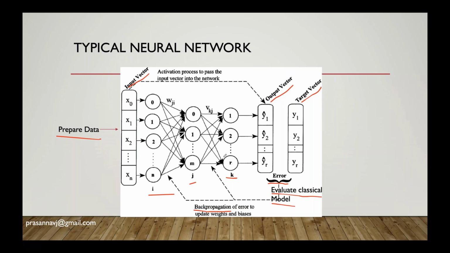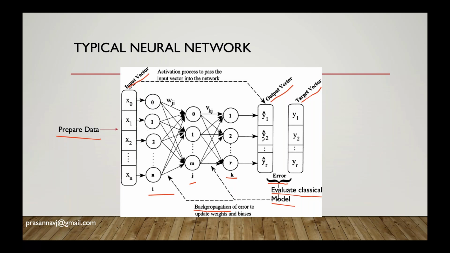So you prepare the data, input the vector, create the layers, go through a step of processing it and get the output vector, and evaluate the error against the target value you are expecting. In case of more error, you go back, modify the weights and bias, and re-execute the whole thing.